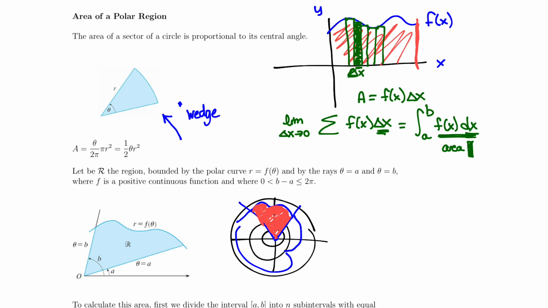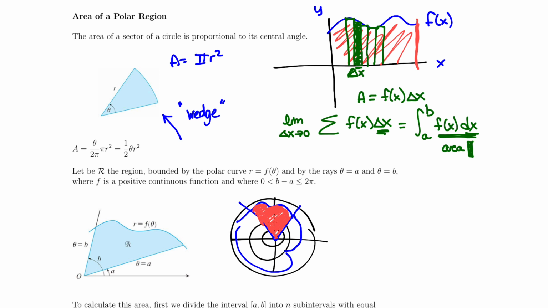It's a wedge. And what's the area of a wedge? Well, it's the area of the whole circle, which is pi r squared, right? But the wedge is just a piece of it, a proportion of it, a fraction of it.